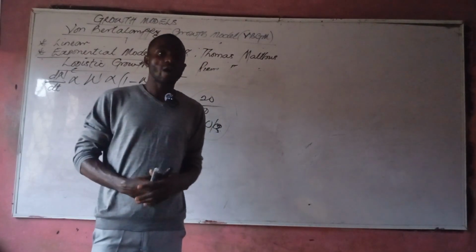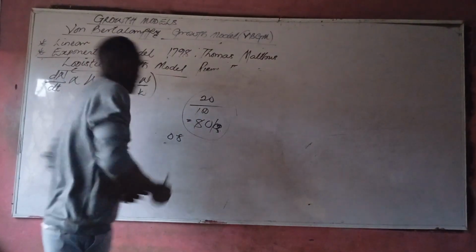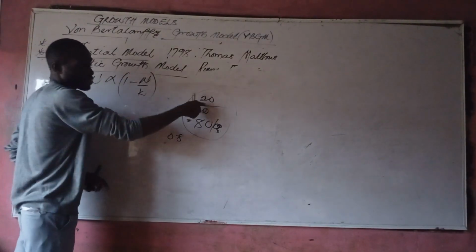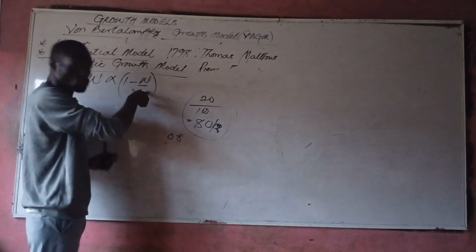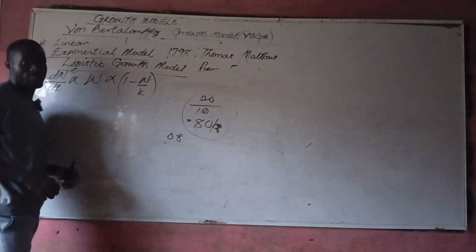Do you understand now? So how did I get the 80 kg? I basically subtracted the 20 from 100. All right. So if I take it as a ratio, the ratio of the present weight, extant weight, such as we have here 20, over the carrying capacity, which is 100 normally. So when you subtract it from 1, you're going to have the space that is available for growth.